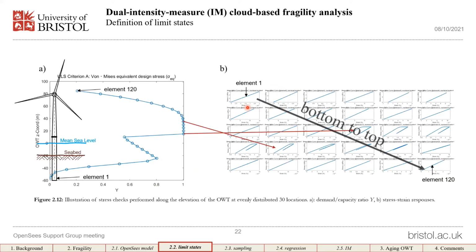So here is an illustration of the stress strain responses checked along the entire elevation of the wind turbine. So from bottom to top. Basically, well, for the tower segment where failure has been detected, substantial nonlinear behavior can be found in these relationships.